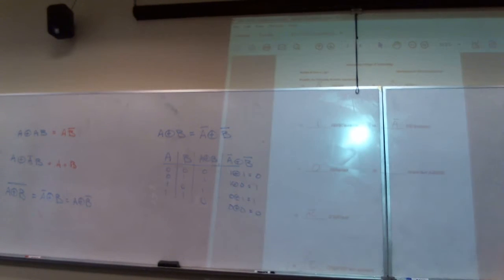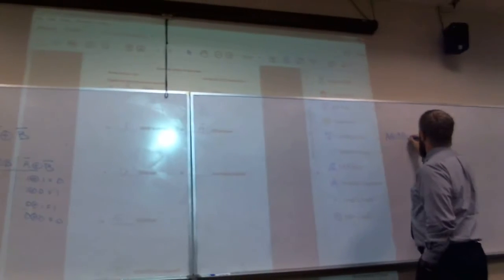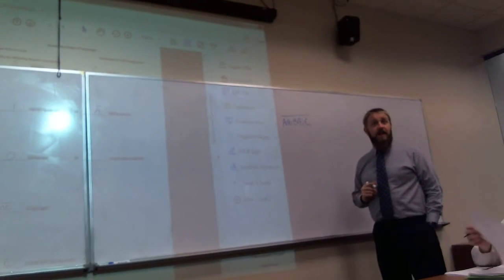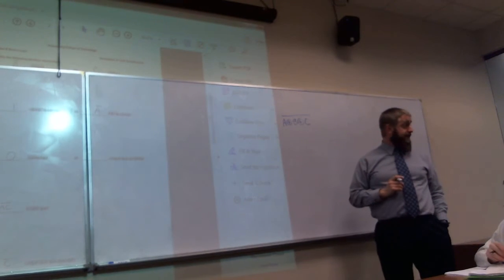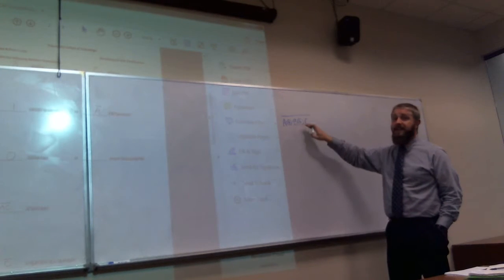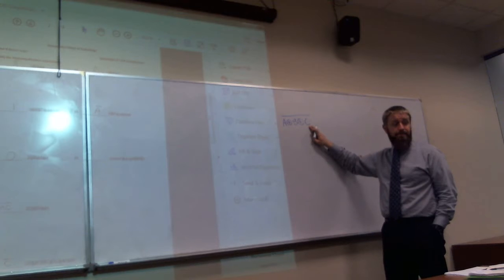So if we expand this to 3 variables, A XOR B XOR C not, how could I write the opposite of A XOR B XOR C?